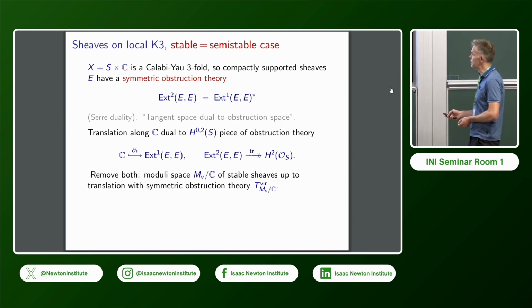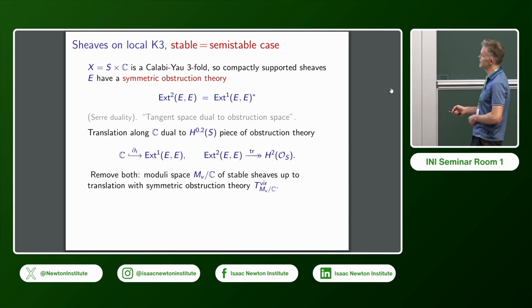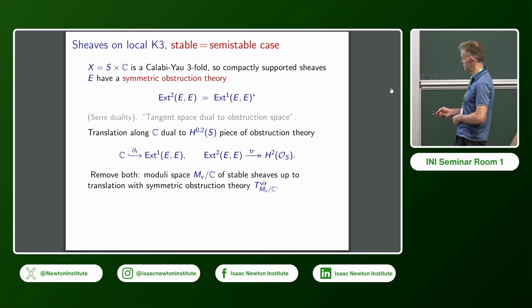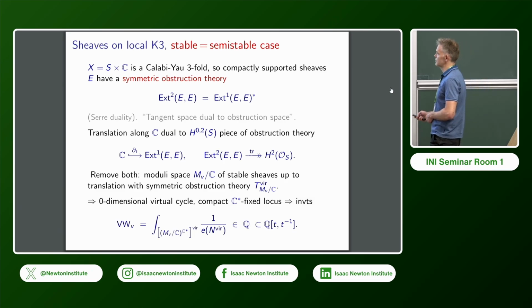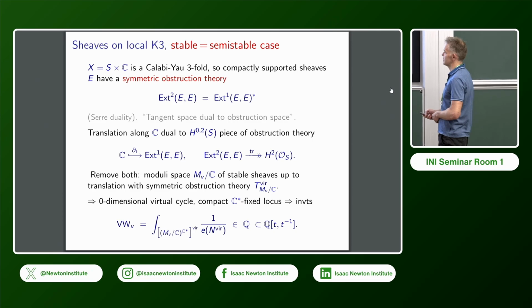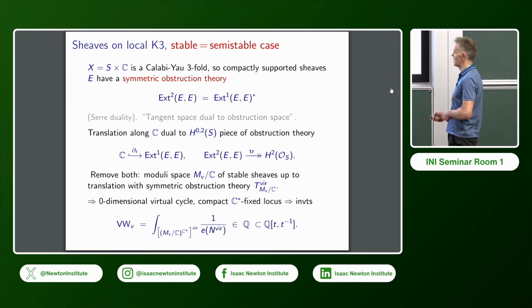Okay, so we're going to remove both. First, we're going to divide the moduli space by translation. That removes this piece, and then we're going to remove this from the obstruction. And that means we'll still have a symmetric obstruction theory of virtual dimension 0. And that therefore gives us invariants. And the invariants are given by the localization formula.